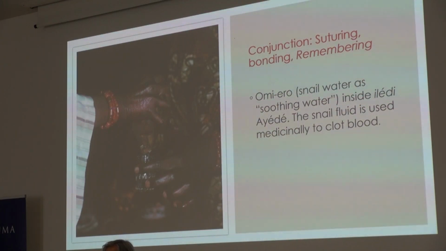And it's taken inside an Ogboni lodge, Iledi it's called. And the snail fluid is used medicinally also to clot blood. So you can see how, and it does. If you're a hemophiliac and you cut yourself, this will save your life. So there is a complex ritual economy going on.